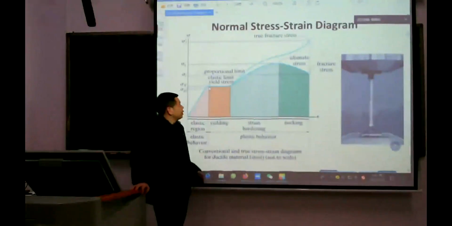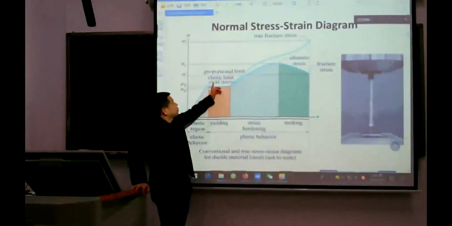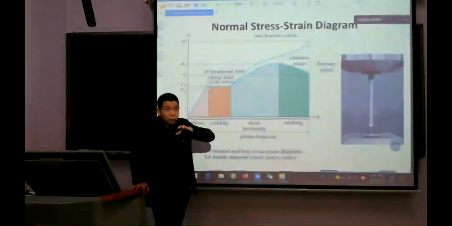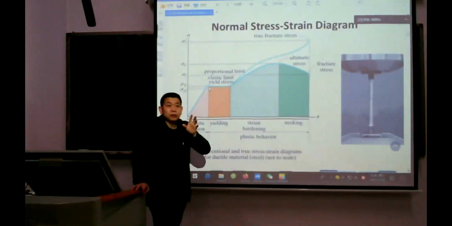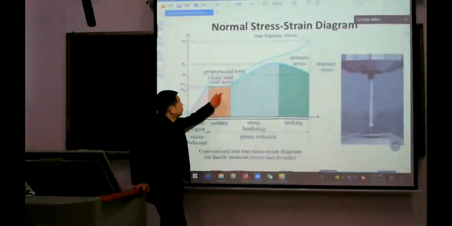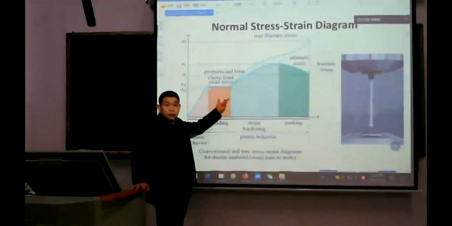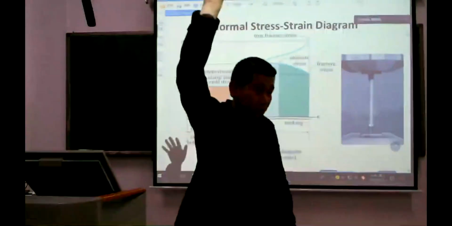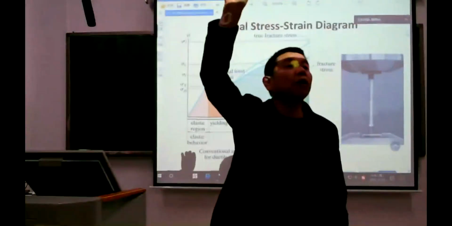Actually, we can't allow this yield when it is working, because it's large deformation. In a beam there is steel rod.